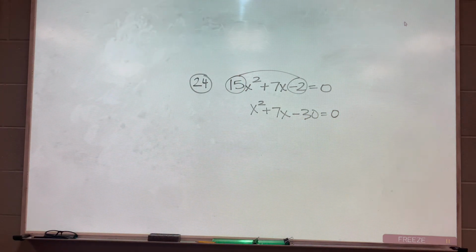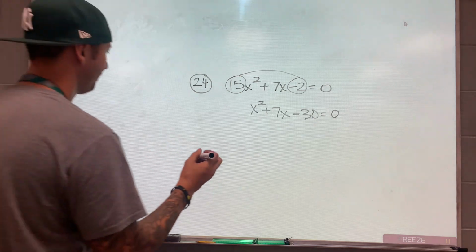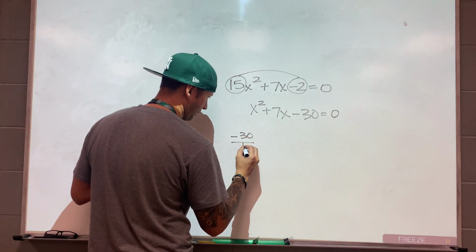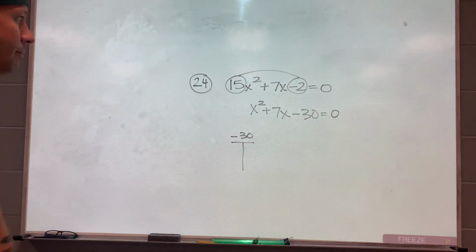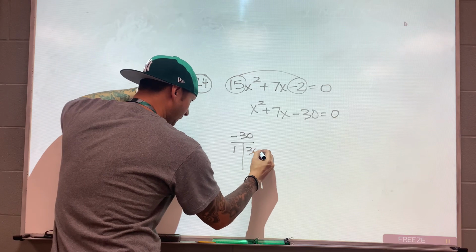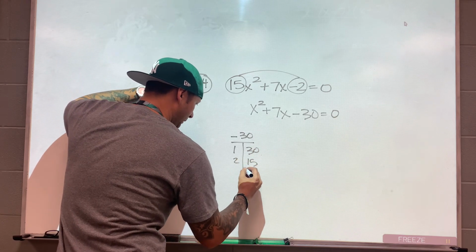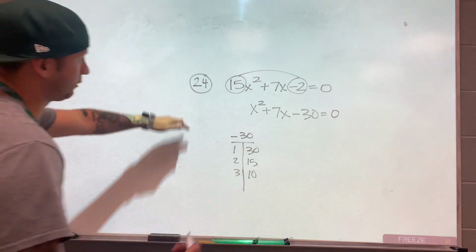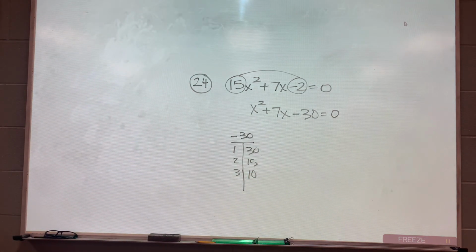This is going to be negative 30. Two numbers that multiply to make negative 30 and add to 7. So 1 and 30, 2 and 15, 3 and 10. Those are it. 3 and 10 make 7 for sure.